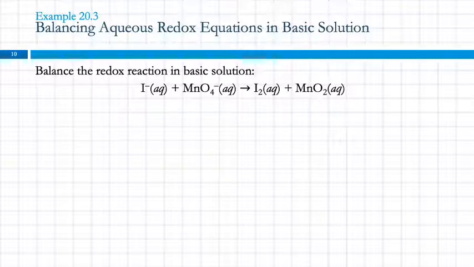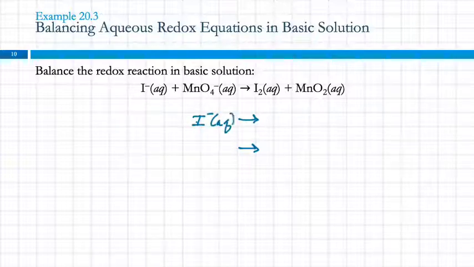So balance the redox reaction in basic solution. So again, I need 2 half reactions. So I've got I-, and that is becoming I2.